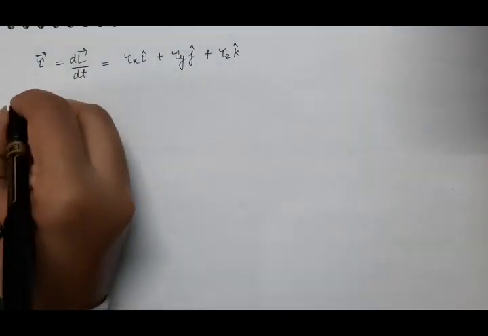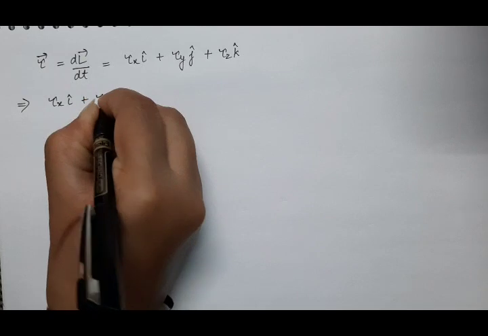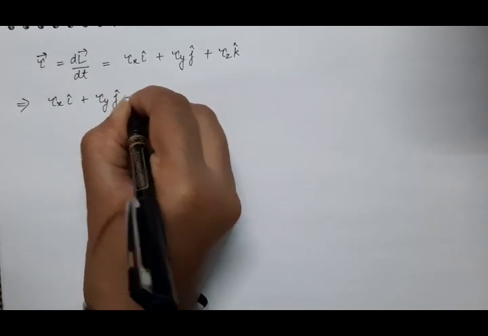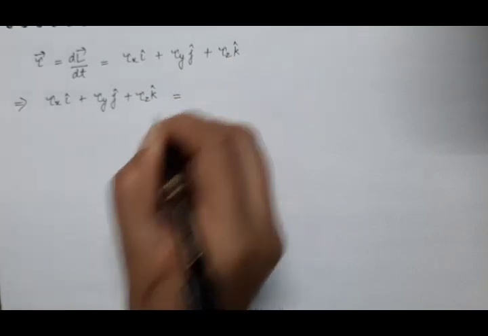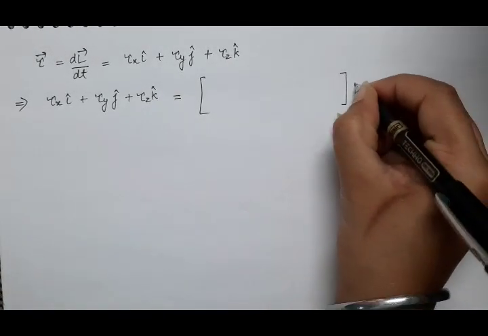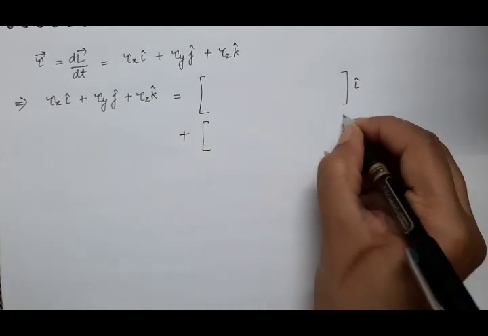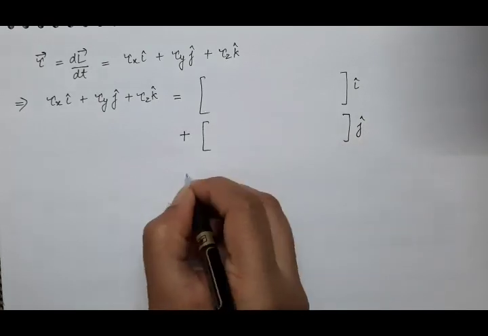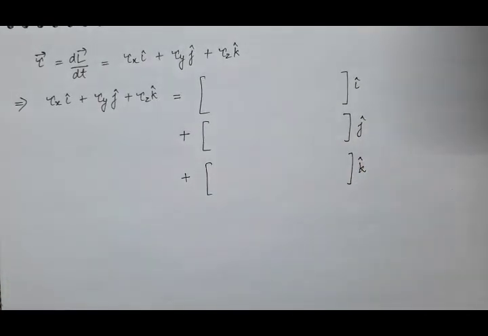So our equation will become tau x i cap plus tau y j cap plus tau z k cap on the left hand side, and it is equal to the coefficient of i cap plus the coefficient of j cap and plus the coefficient of k cap.